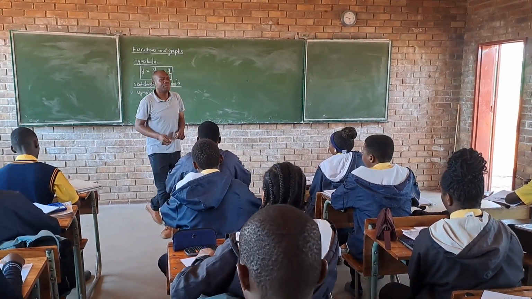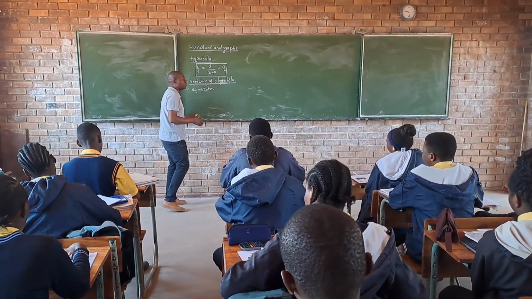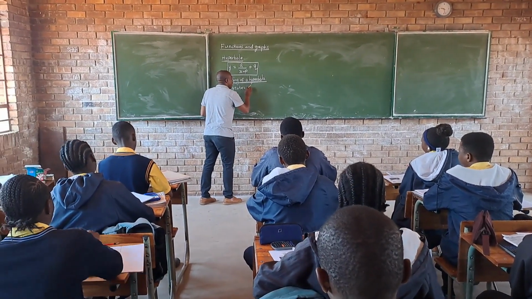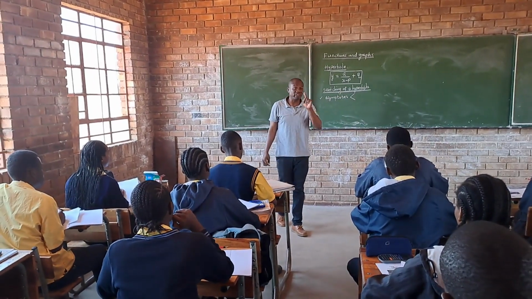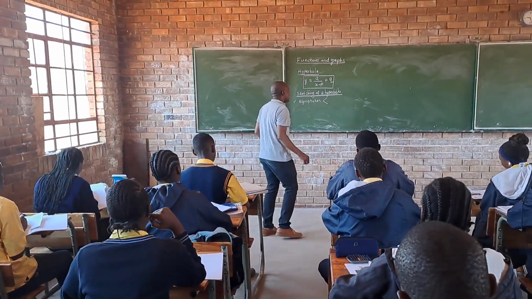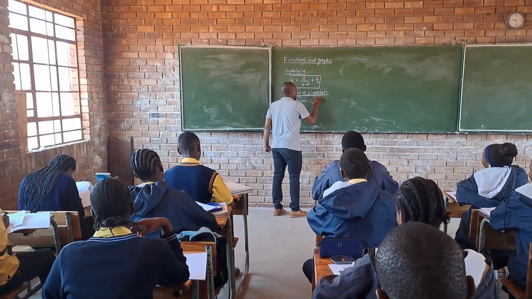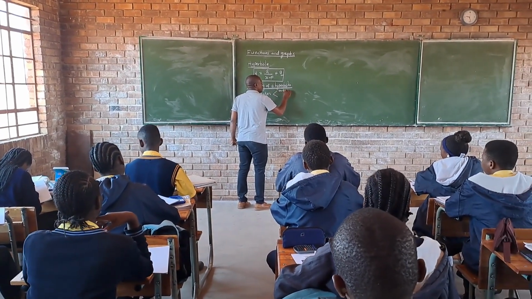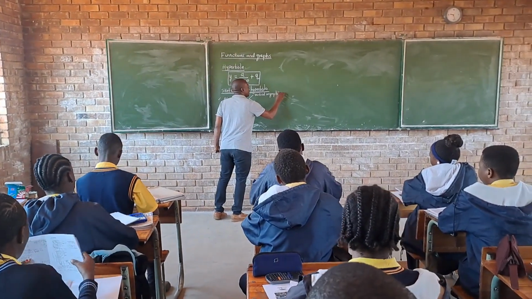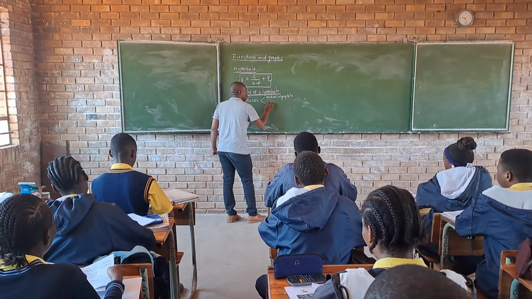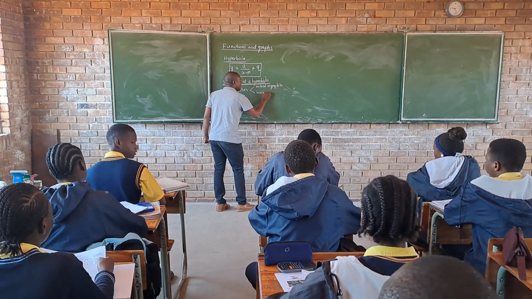By the way, how many asymptotes does a hyperbola have? Two asymptotes, right? We have a vertical asymptote and a horizontal asymptote.